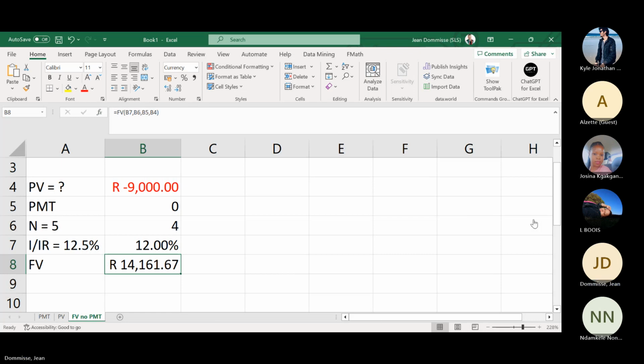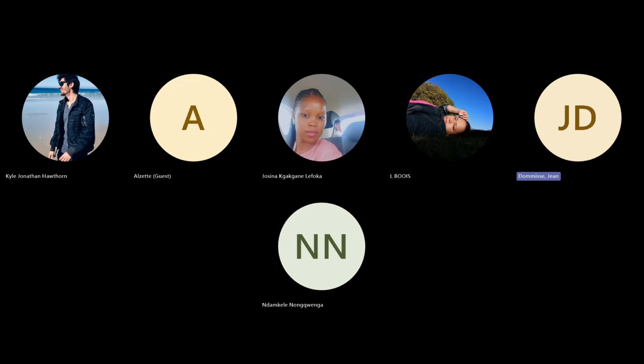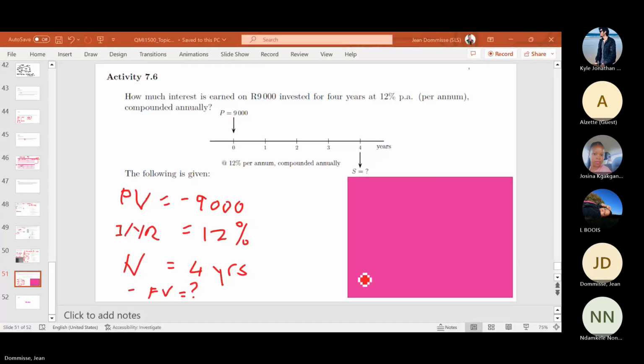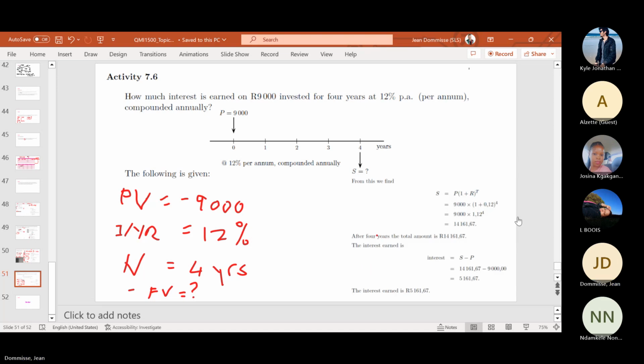14,164. And I think that is what you also had in one of the, yeah, 14,161. And if we take away that block, you can also see where is the 14.